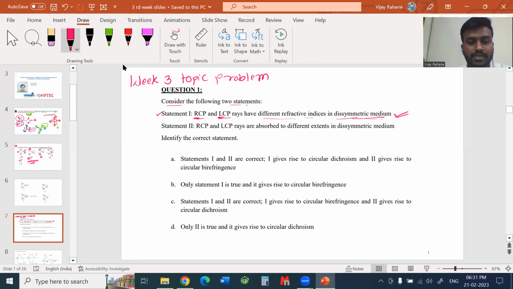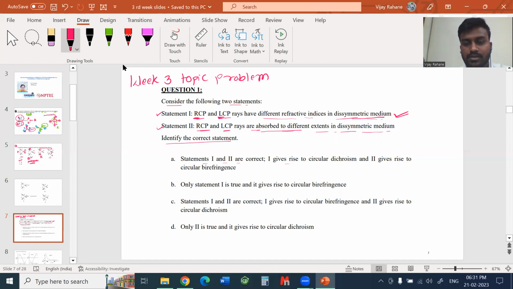The second statement given: the RCP and LCP rays are absorbed to different extents in a dissymmetric medium. This is also the correct one. So what they have asked is to identify the correct statement. So statements 1 and 2 are correct. So we need to see the option which states that. Statement 1 and statement 2 are correct.